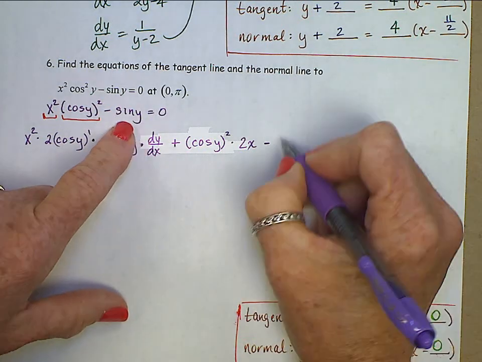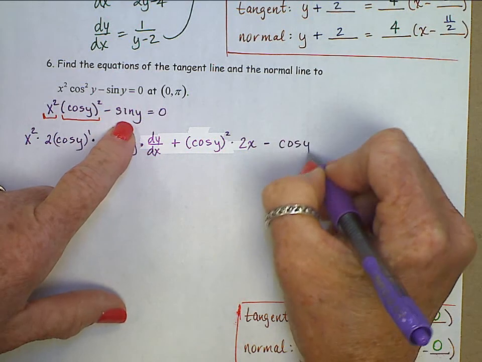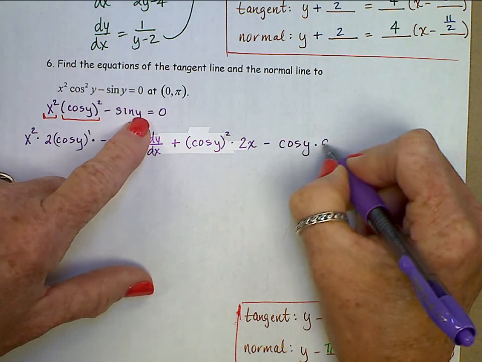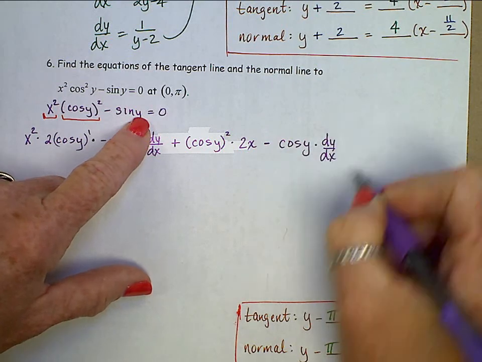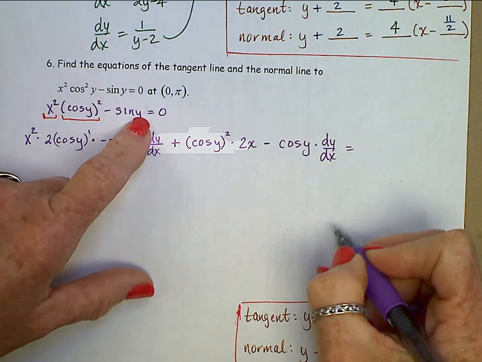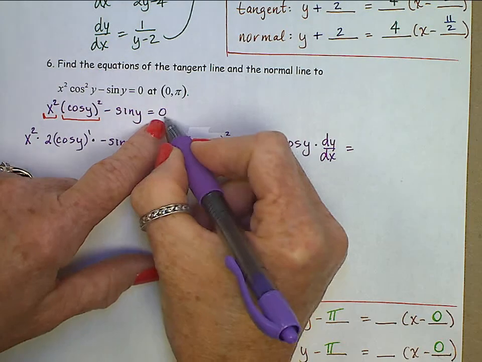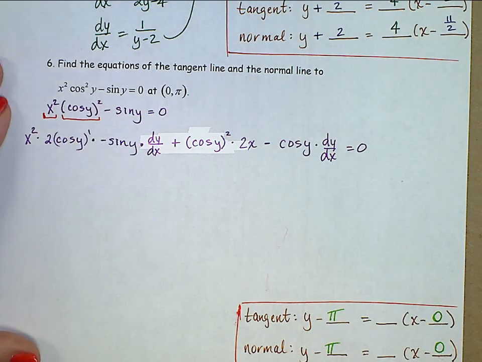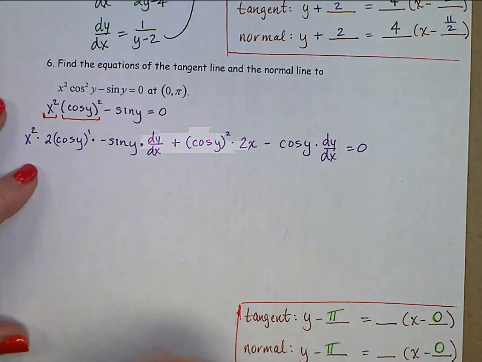is cosine y times the derivative of the inside, so a dy dx equals, and then the derivative of the 0 is 0. Let's clean this up.